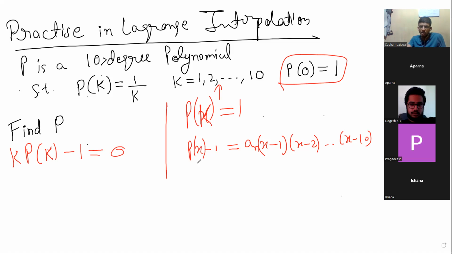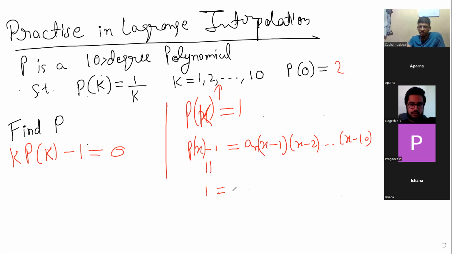So P of 0 is 1 means this becomes 0. And okay, that's unfortunate. Maybe I'll change this because it's confusing. Just simply assume that it's 2 for now. 2 minus 1 is 1.